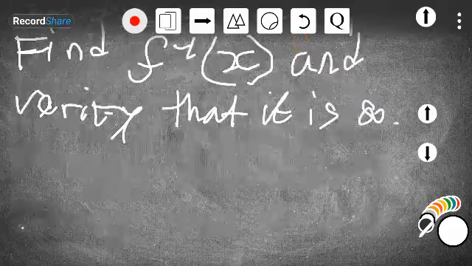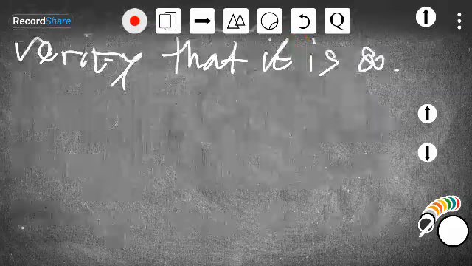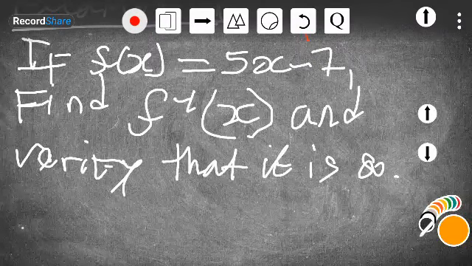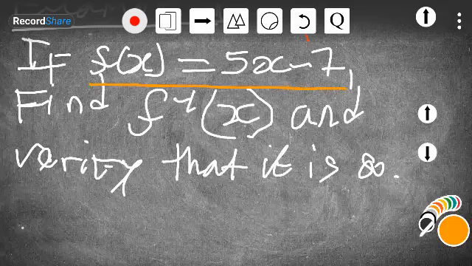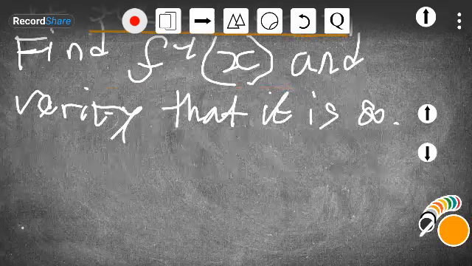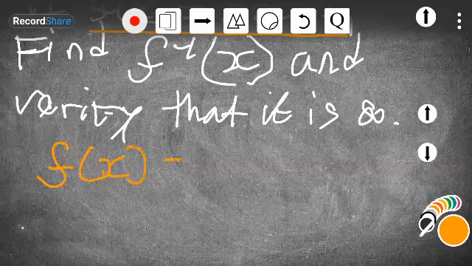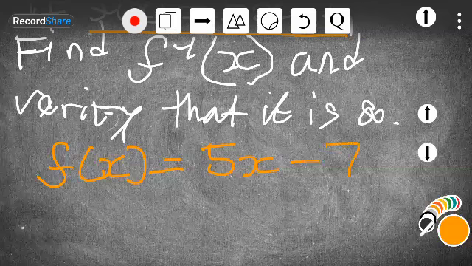On this question, how we go about it is getting the same function that has been given here. So f of x is equal to 5x minus 7.